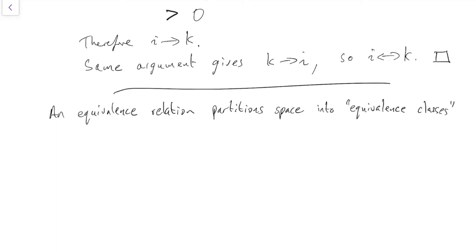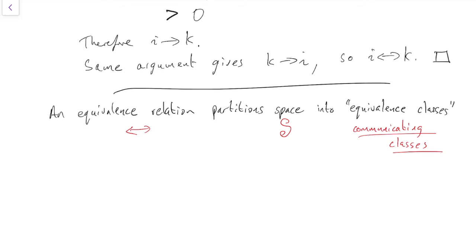So here our equivalence relation is the double arrow. Our space is the state space, which we've normally been calling curly S. And equivalence classes here we call communicating classes, because they're the ones that satisfy the communicates with relationship.